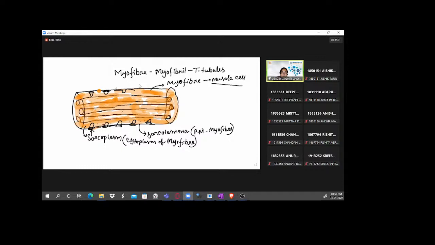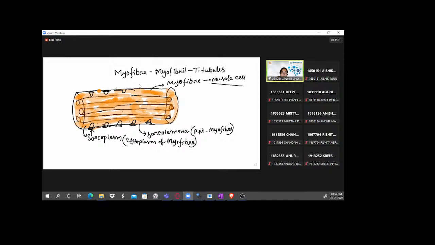Now, moving ahead, it is quite obvious that inside the myofiber, or muscle cell, there will be some endoplasmic reticulum scattered here and there.